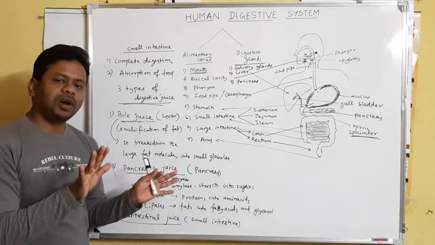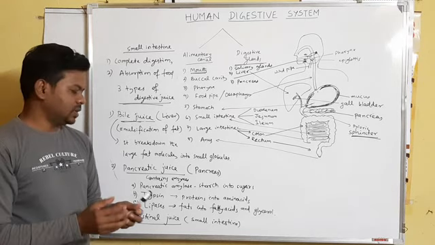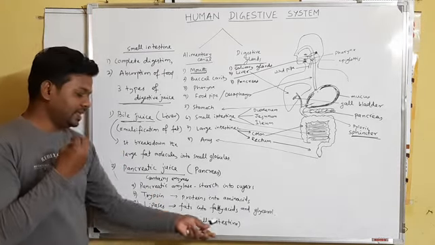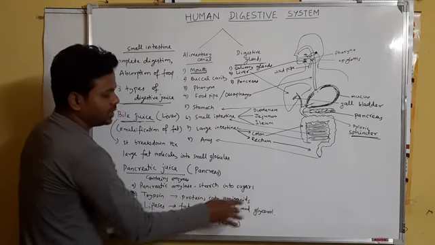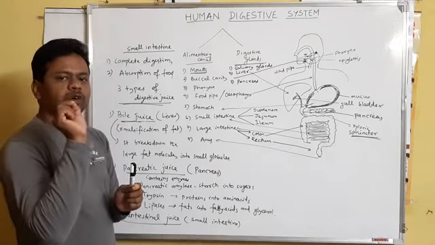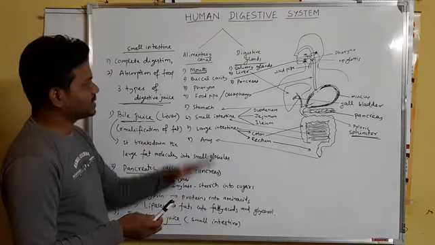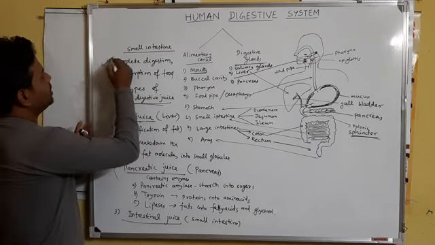There will be no carbohydrate or starch, all will be converted into sugars, and there will be no fats, all the fats are converted into fatty acid and glycerol. When these things are formed, they become very small particles in soluble form. So the complete digestion takes place inside the small intestine. So this part is over.